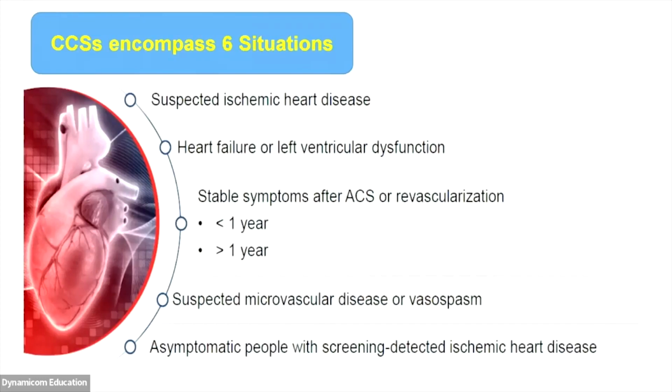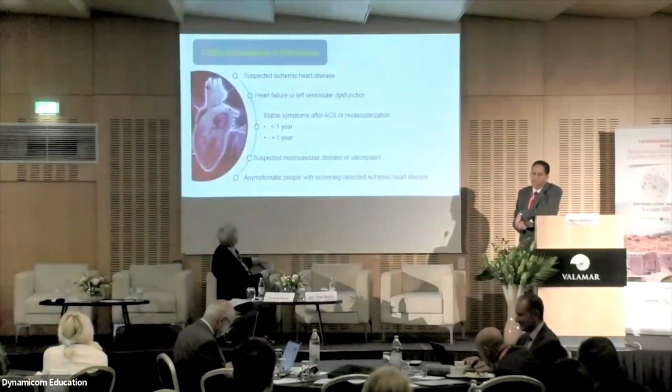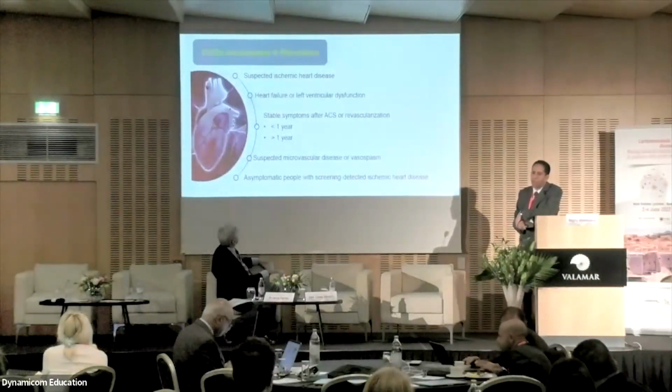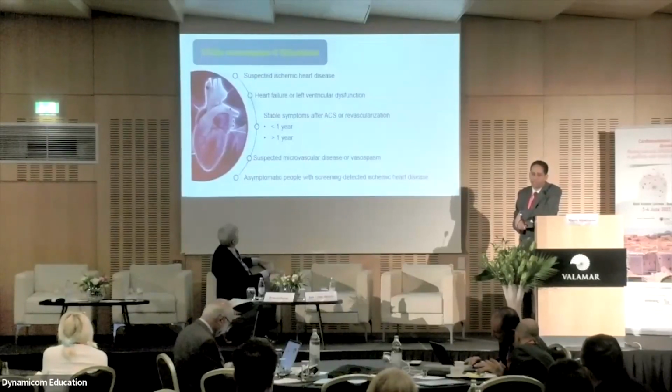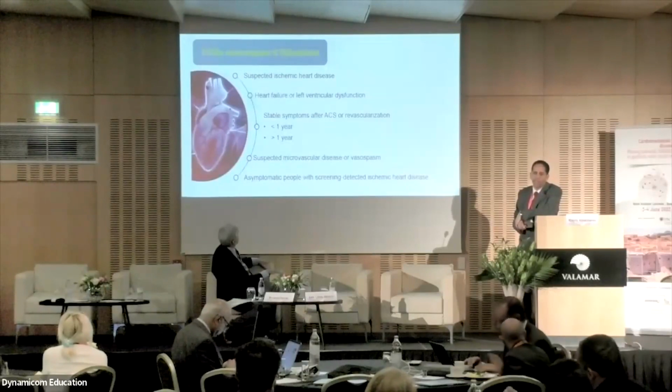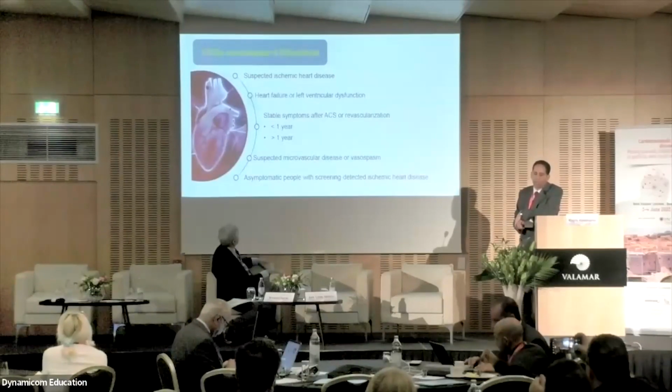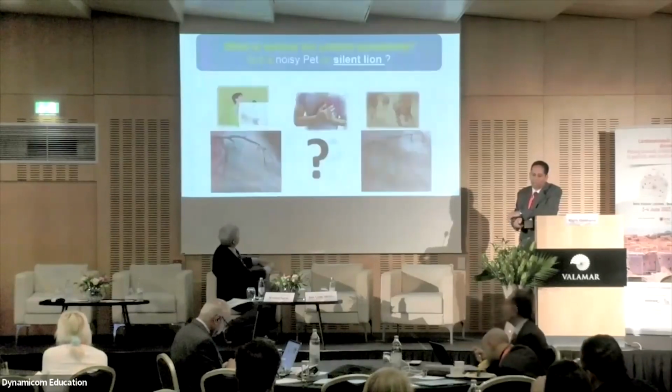So the guidelines included 6 clinical scenarios in patients having probability of coronary artery disease: patients with suspected ischemic heart disease, patients with heart failure or LV systolic dysfunction, stable symptoms after acute coronary syndrome or revascularization, which might be less than 1 year or more than 1 year, suspected microvascular disease or vasospasm, which will be discussed in detail in the next presentation, and finally, asymptomatic population screened to detect underlying ischemic heart disease.